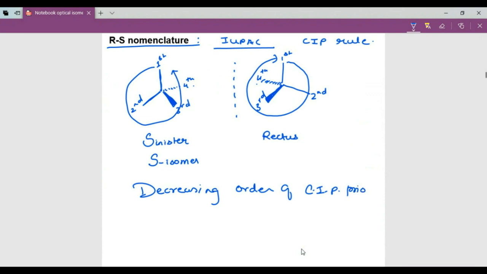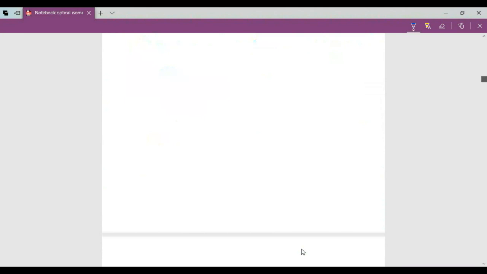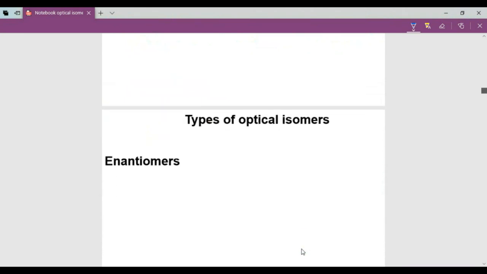If that arrow is clockwise, then the molecule is said to be the R isomer. If it is anti-clockwise, then it is said to be the S isomer. If a molecule is chiral, then it always has these two in nature. I hope I'm correct. I hope I could help some.